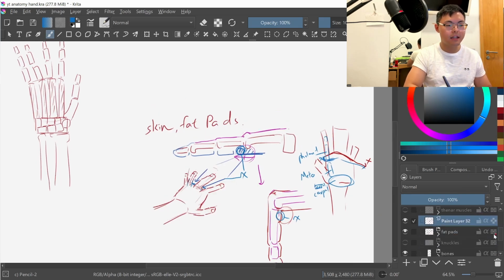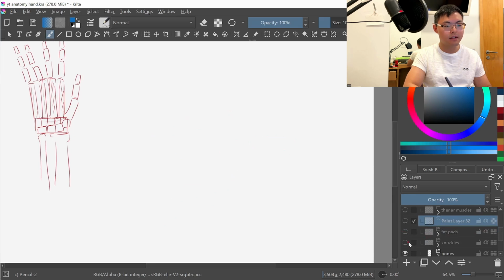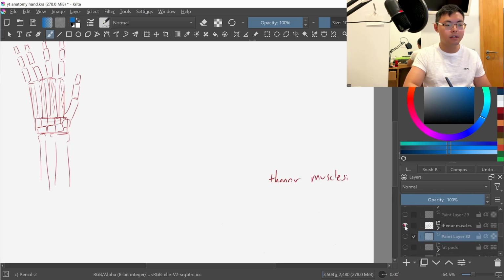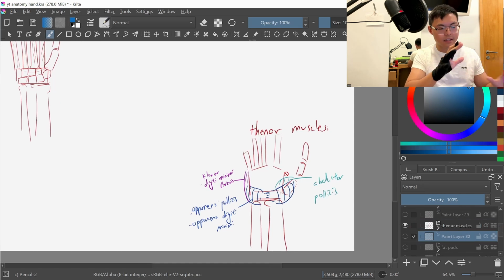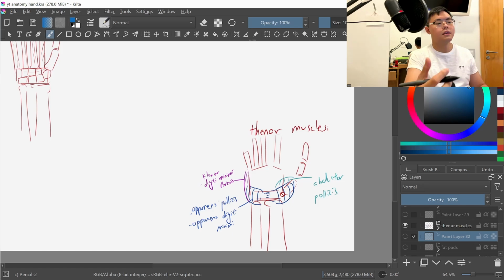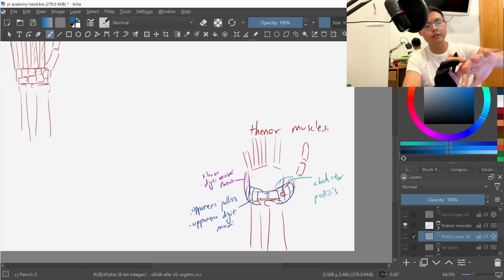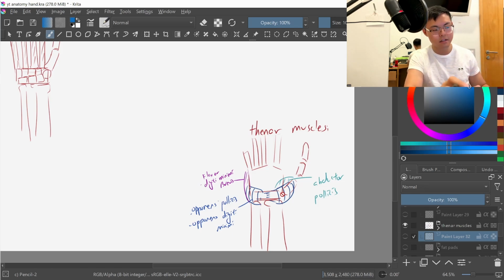Finally is the muscles. Muscle is not that difficult. There are all those teeny tiny muscles that, for example, the one that we talked about, which helps combine to become the knuckles, those kind of ligaments too.